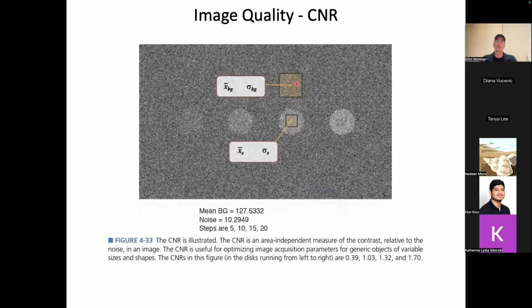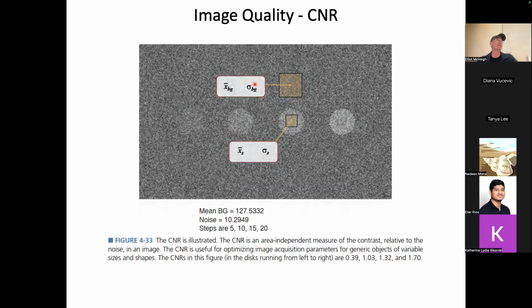I look at the background, right? I just define something that's all background, and I'll take the mean value over all those pixels and I'll compute the sigma value. If I make this region of interest bigger, I just get better, higher quality estimates of these two parameters because I'm using more points to compute them.